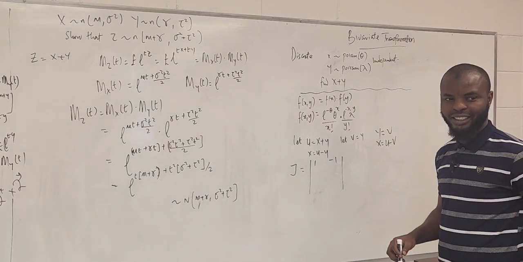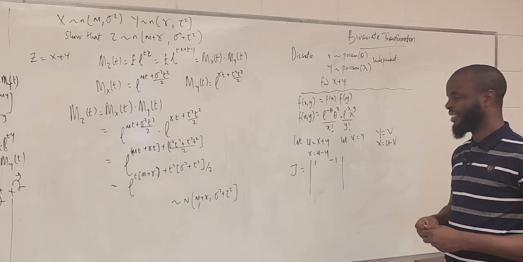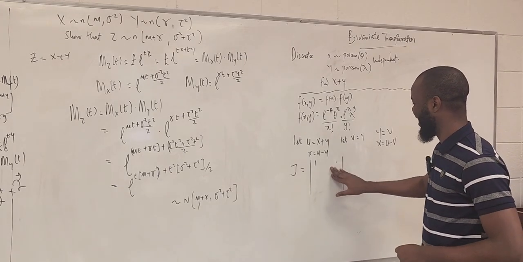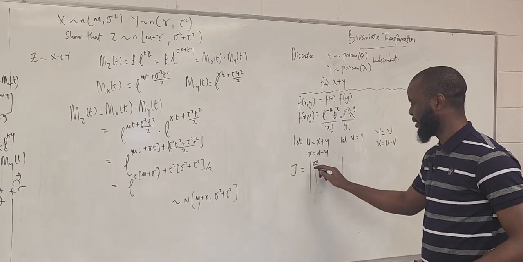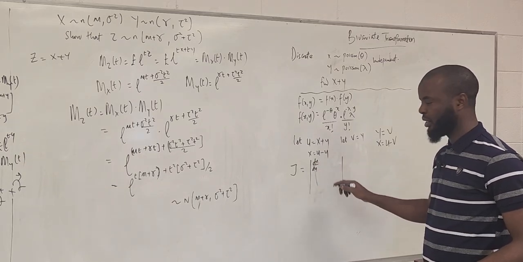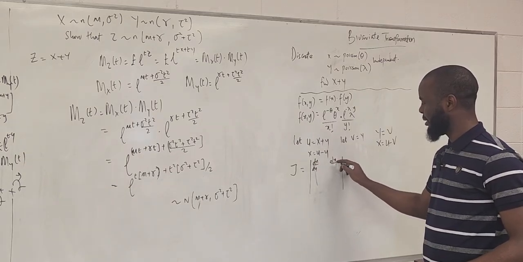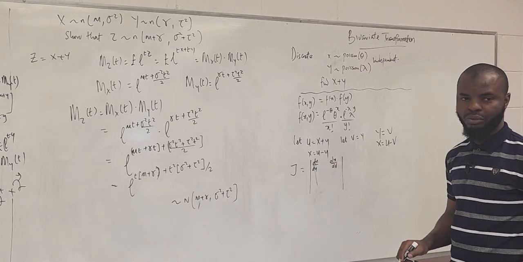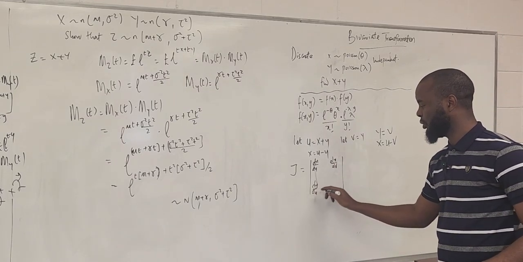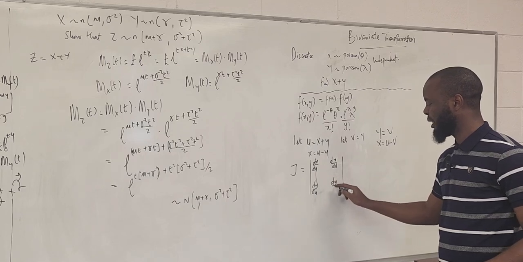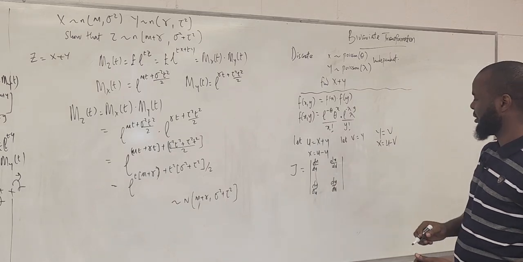Can you write the equation? Okay. I just like to do it very fast. The x, the u, that is the first variable. The x, the v, that is the second variable. Now here you have the y, the u, the y, the v.